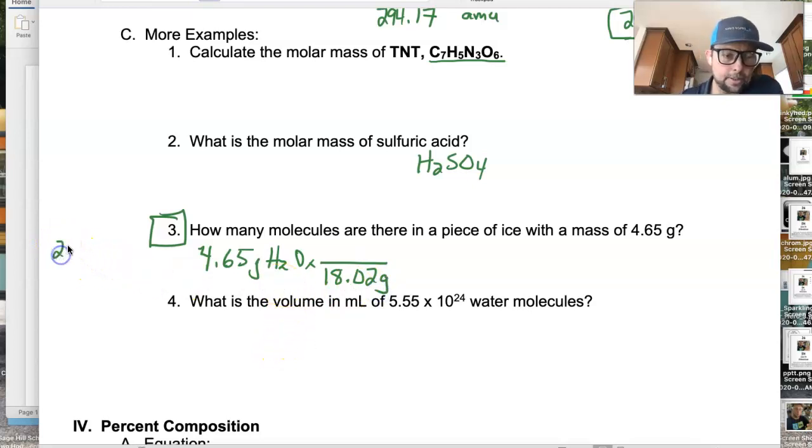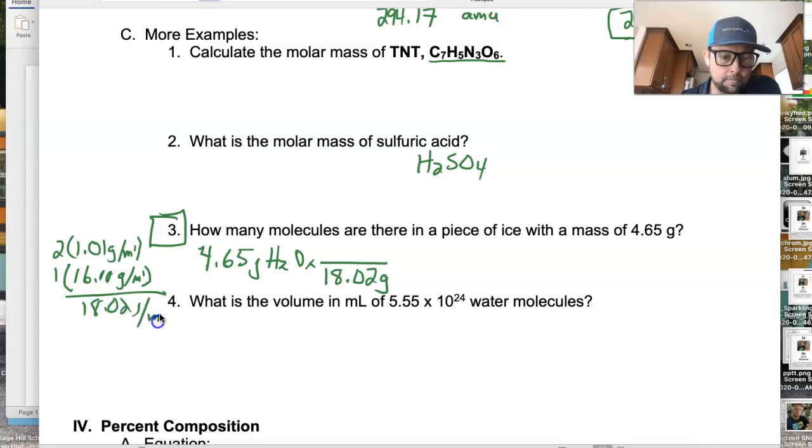There are 2 hydrogens, which each weigh 1.01 grams per mole, and then there's 1 oxygen, which is 16 grams per mole. If I add all that together, I end up getting 18.02 grams per mole. That's for just 1 mole of water, 6.02 times 10 to the 23rd of those.